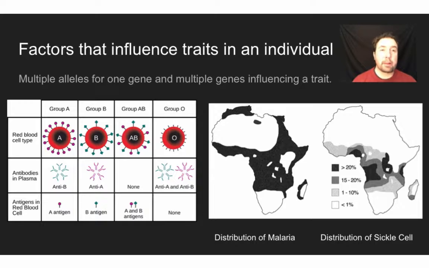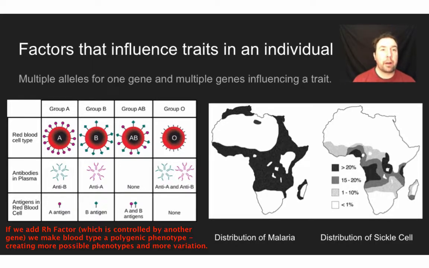If instead of just being simply a dominant recessive trait, you're going to have more factors, that's going to complicate the inheritance pattern. Another example we could talk about is what happens if you have multiple genes involved. In this particular instance, we're looking at the ABO blood typing, but you've probably also heard about the idea that blood typing has a positive and negative. In that instance, what we're going to be looking at is what's known as Rh factor. Rh factor is another gene that influences blood type.